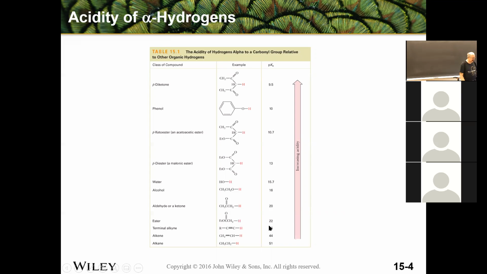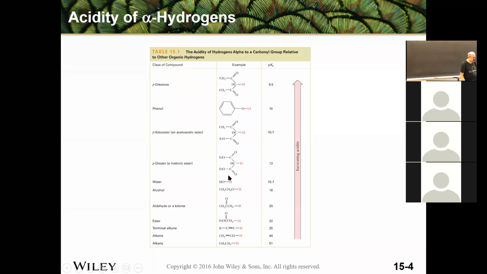Alpha hydrogens on an ester about 22, and then aldehydes and ketones about 20. So you can see what we said on the earlier slides. These alpha hydrogens are more acidic than these other CH bonds. Okay, they are less acidic than alcohols, waters, carboxylic acids, and so on.